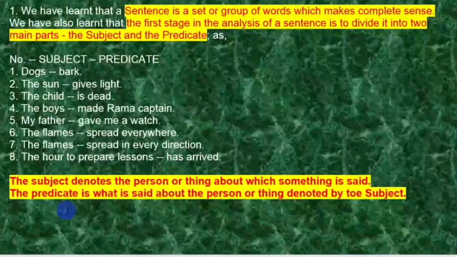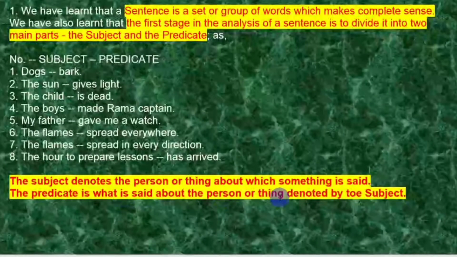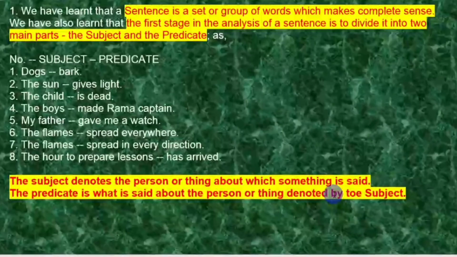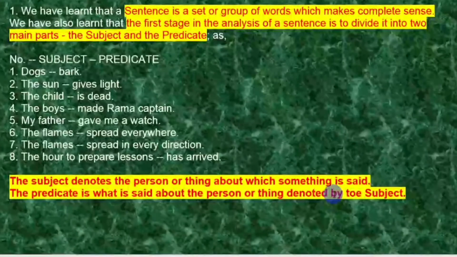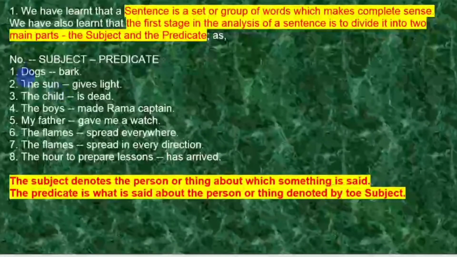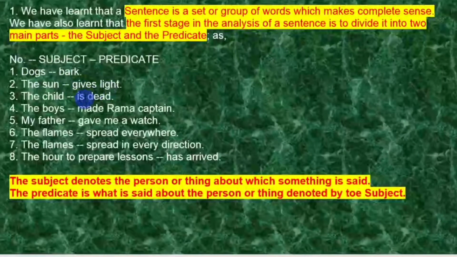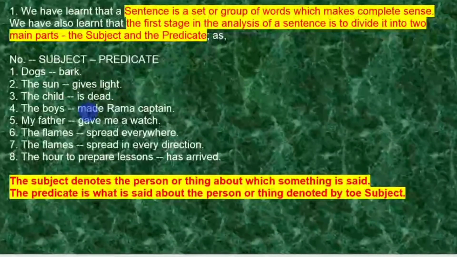We all know that subject actually denotes a person or thing about which something is said. Whenever we say something, we first of all take the name of a person or a thing, and then we give some information about that person or thing. The name of that person or thing that we say is our subject, and the information that we give about that subject or that thing is our predicate.